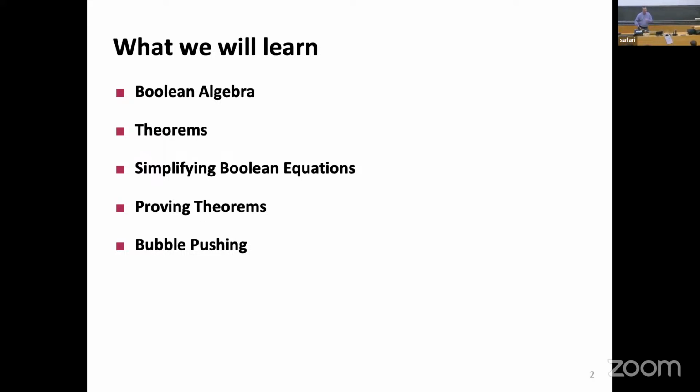There's so much research, so many mathematicians, so many clever people around. Maybe they could help us systematically combine these gates in ways that make sense, so that I can get a function out of it. The thing that will help us is Boolean algebra.